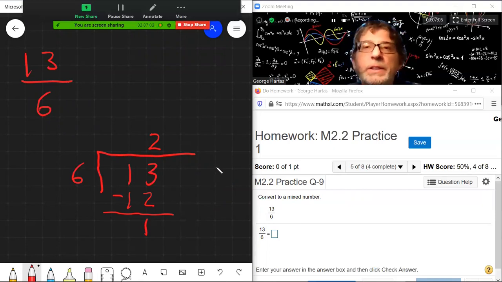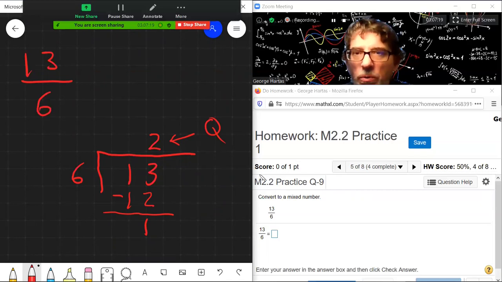Now, it helps to identify and label this, this, and this, right? So we know that this is the quotient, the whole number part of the answer.